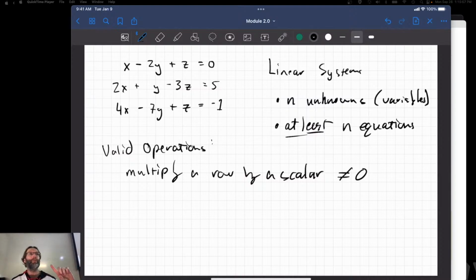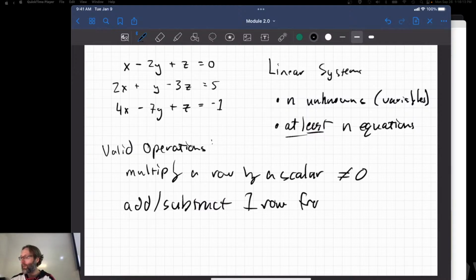You can multiply it by small values, 1/2, to eliminate things and make things ones, right? You can add or subtract one row from another. And then you can do these two in conjunction with each other. What else can you do?